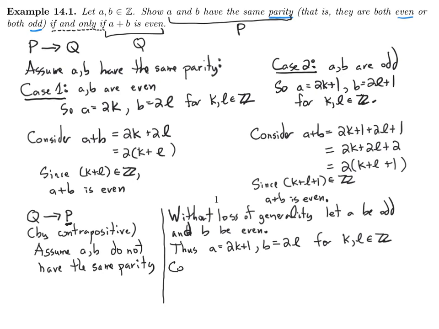So consider A plus B, which is 2k plus 1, that's our A, plus 2L, that's our B. And the brackets there are just so any reader looking at this will get the clue that this whole bit goes with A, this whole bit goes with B.